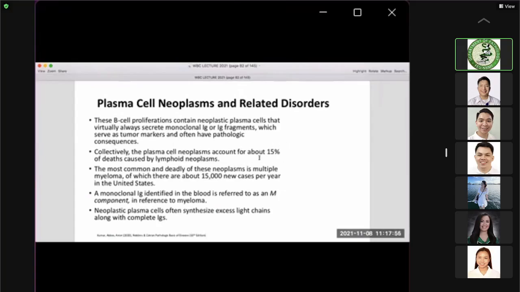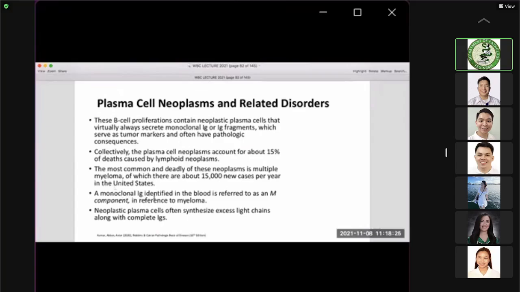So about 15% of deaths caused by lymphoid neoplasms is secondary to plasma cell neoplasm. So most common and deadly of these neoplasms is multiple myeloma, okay, which contributes to the statistics of 15,000 new cases per year in the US.